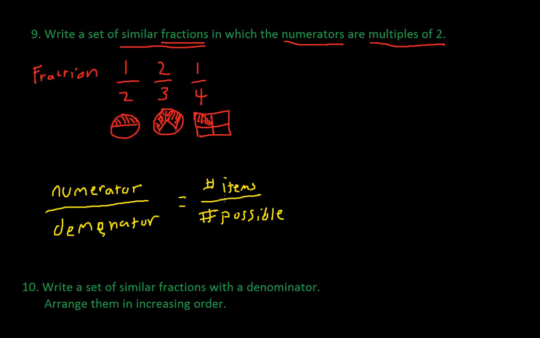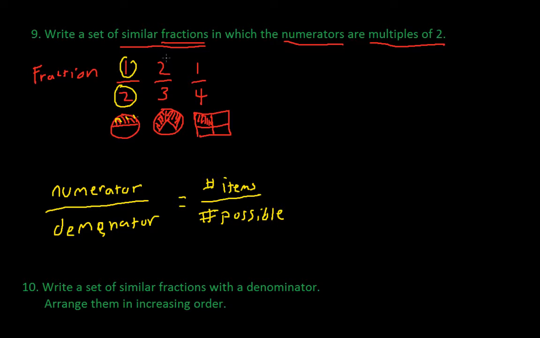And so the numerator in this fraction of 1/2 is 1, and our denominator is 2, because we have 1 item and there's 2 possible sections of this. So the numerator is 1, the denominator is 2.